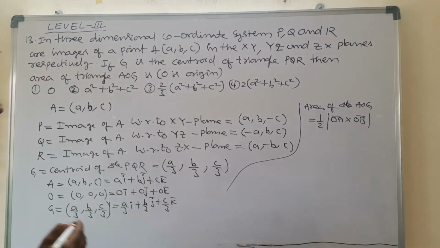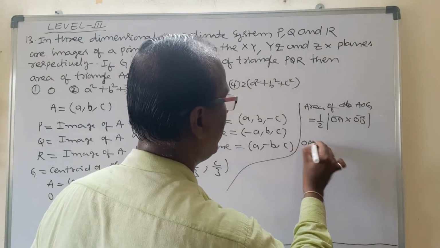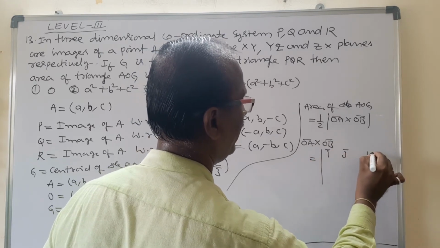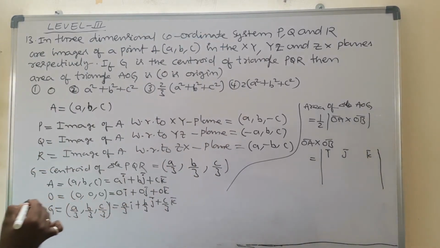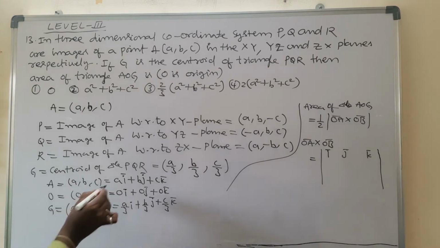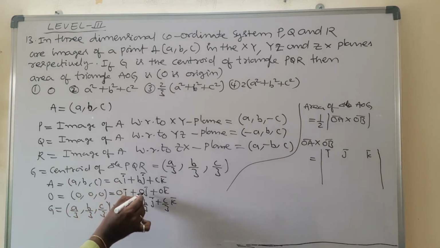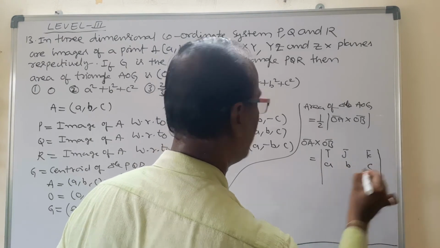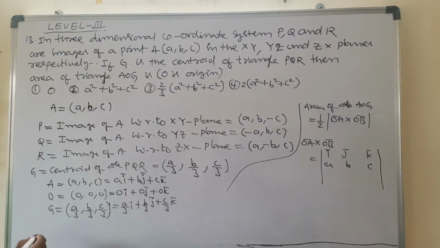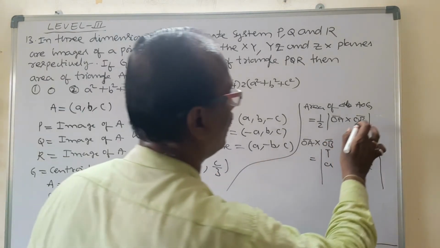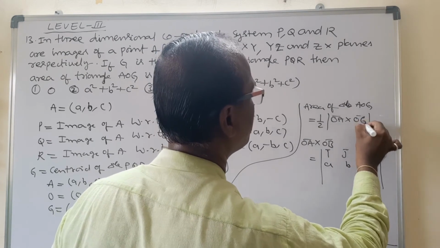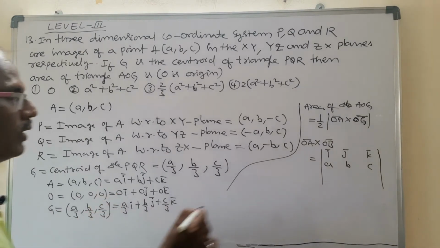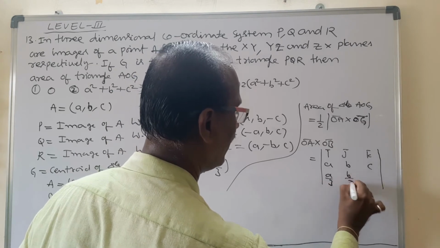To find OA cross OG, write I, J, K, and the coefficients of OA: AI minus 0, BJ minus 0, CK minus 0, so A, B, C. For OG: A by 3 minus 0, B by 3 minus 0, C by 3 minus 0.